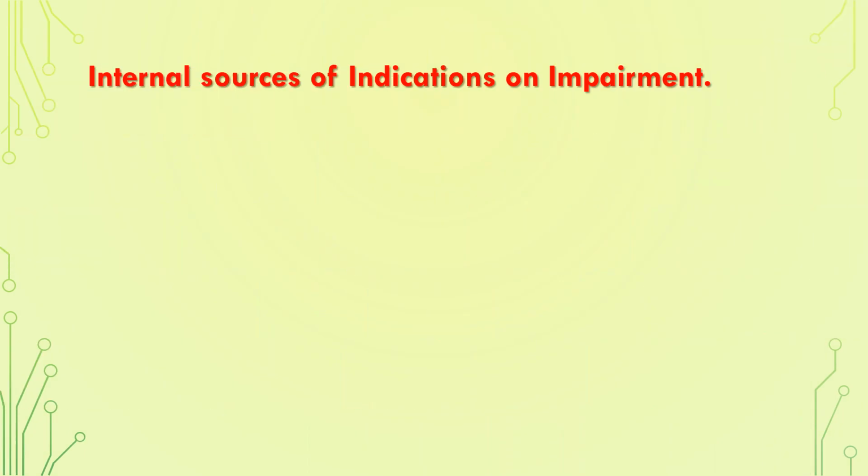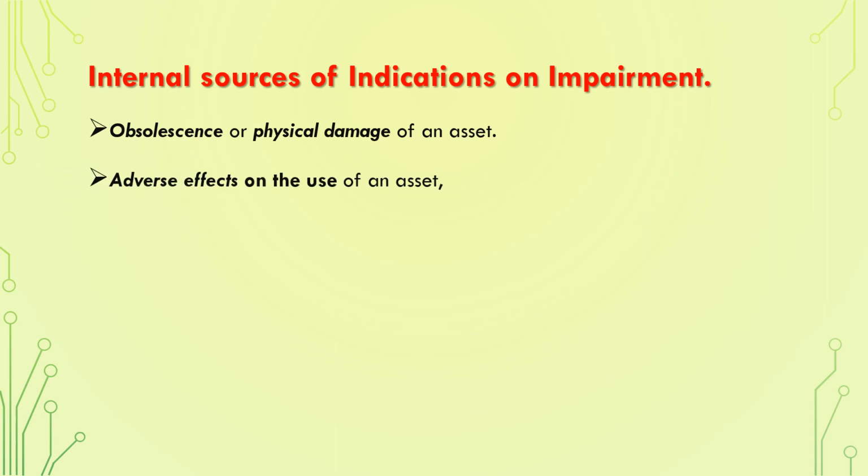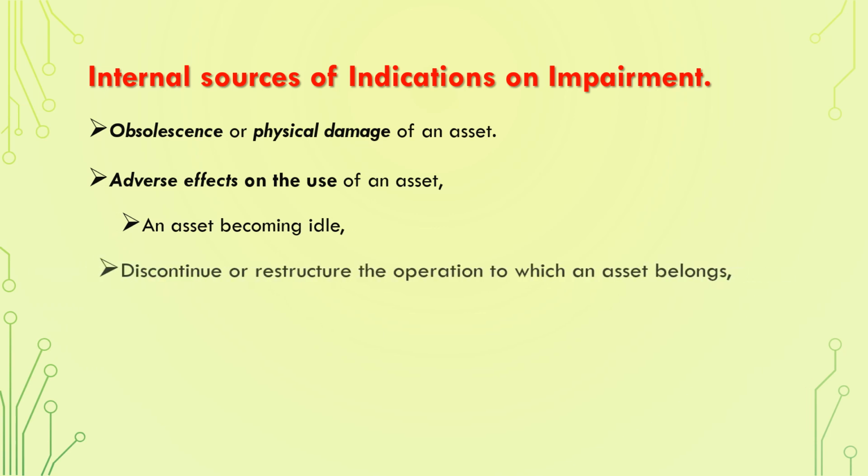Let's look at the internal sources of indications of impairment. The asset can show obsolescence or physical damage. Then, there can be adverse effects on the use of an asset, such as that particular asset becoming idle.